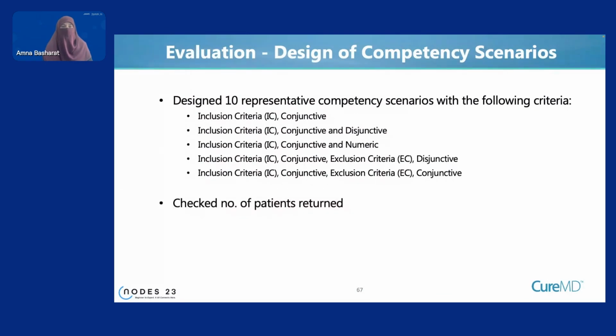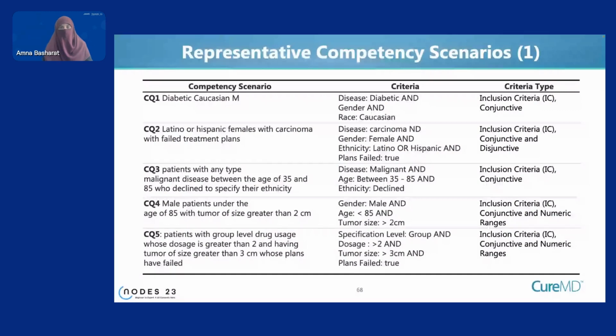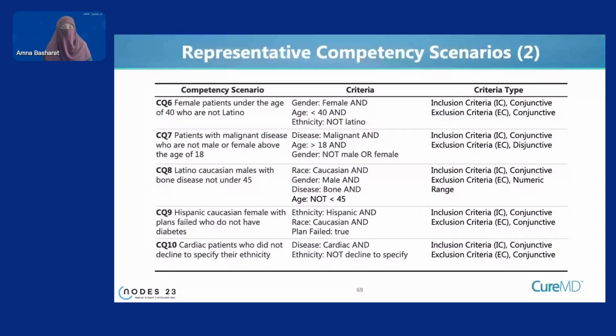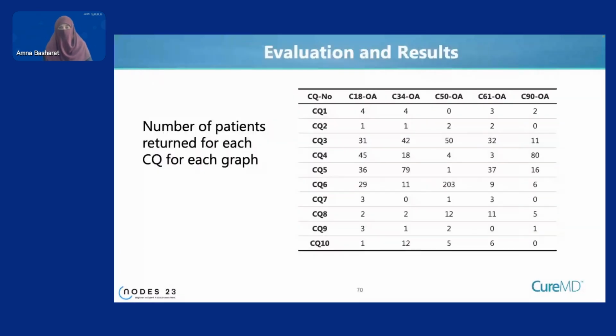We took some representative competency scenarios, and we checked against the number of patients returned, and we also verified the results via Cypher queries. So these are some of the representative competency scenarios. Initially we had separate graphs for 5 different cancers, and this was the number of patients that were retrieved from each of them.